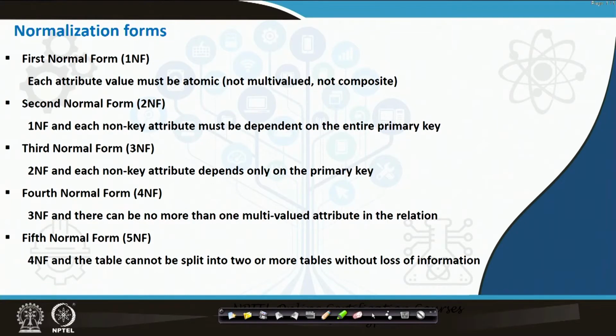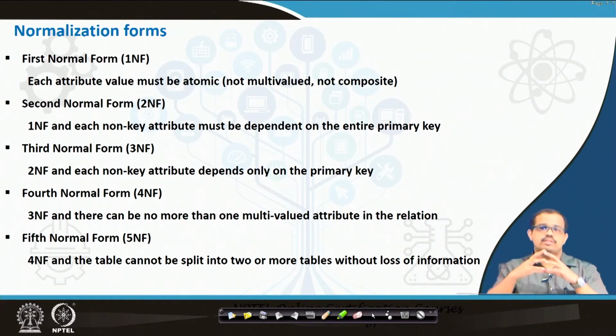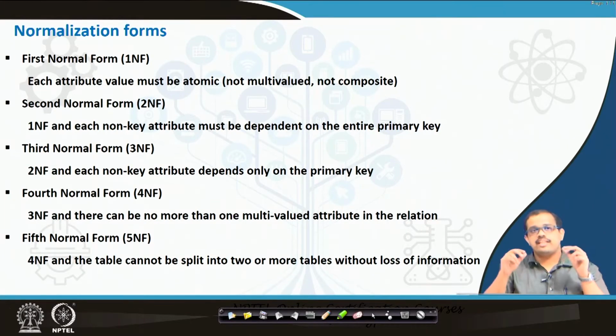Now when we look at normalization, as I said, it is to put the data in order in a database in order to see how well your data can be organized, so that retrieval is quicker and you have efficiency in the database. Now when I say the data is in the first normal form, it means that each attribute data must be atomic.